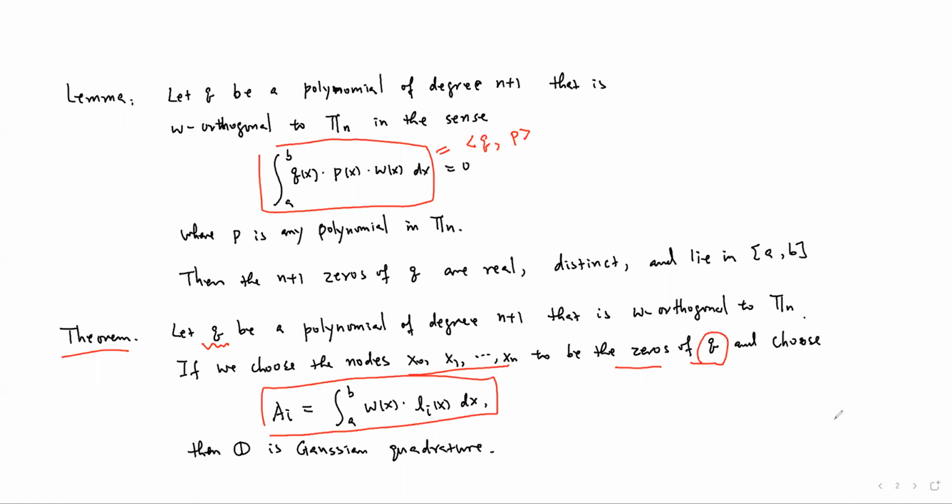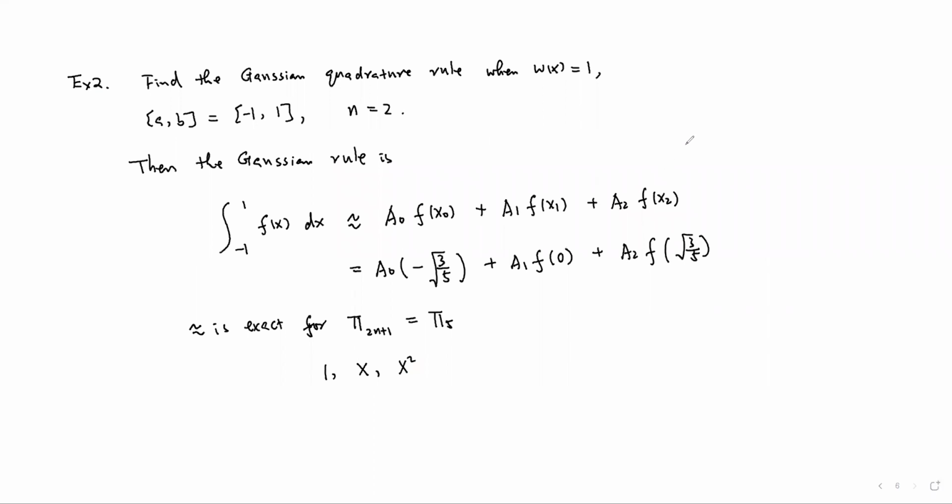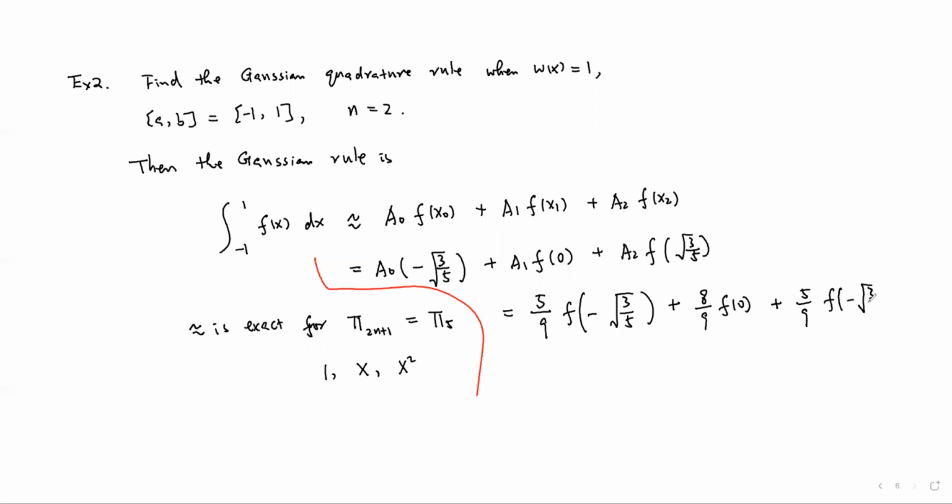Anyway, use either method, then we get the coefficients: A0 is 5 over 9, A1 is 8 over 9, and A2 is 5 over 9. So the rule is 5 over 9 F(negative square root of 3 over 5) plus 8 over 9 F(0) plus 5 over 9 F(square root of 3 over 5).